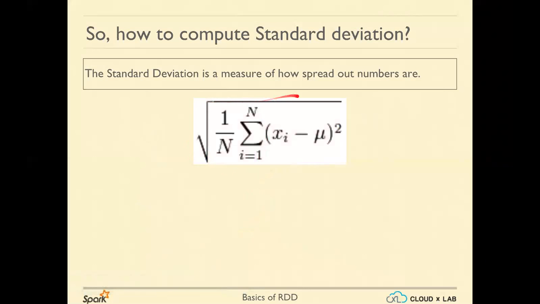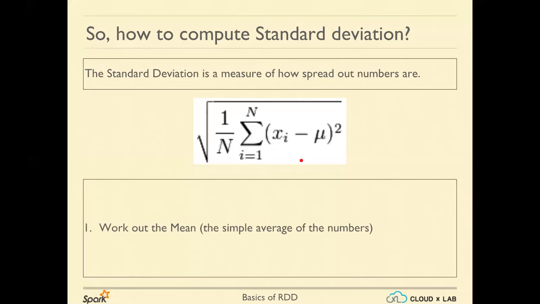It's the square root of the average of the squares of the values subtracted from the mean. So first of all you find out the mean. Mu here is mean, xi means each number, sigma means summation of all the values from 1 to n.